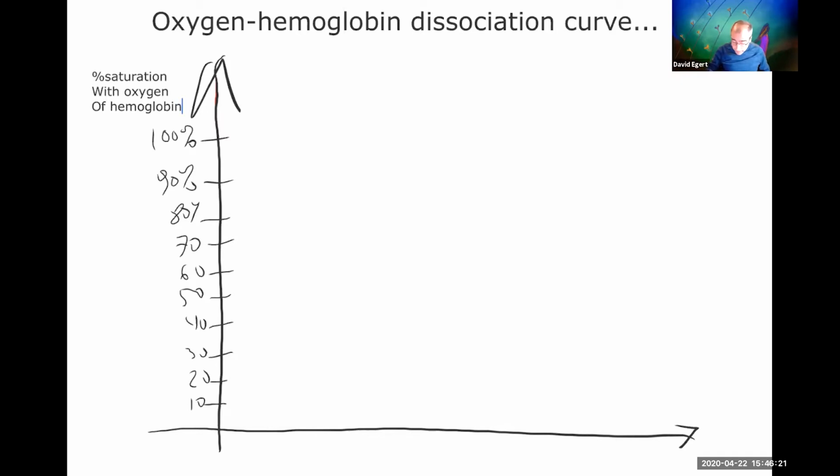All right, so then on our other axis, this is going to be partial pressure of oxygen. 1, 2, 3, 4, 5, 6, 7, 8, 9, 10.